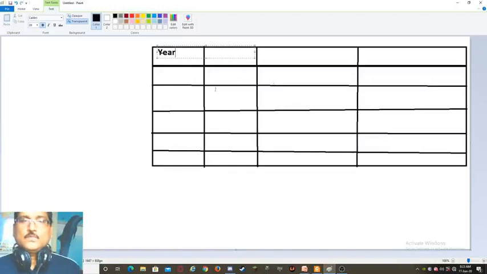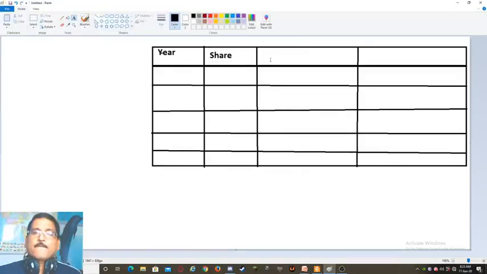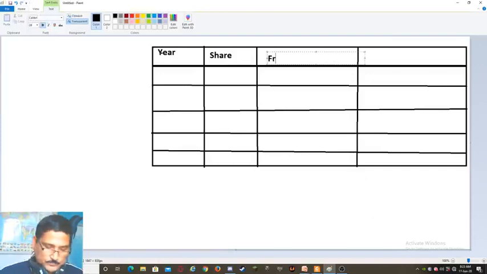So the next one will be share, then the next one fraction, and then central angle.